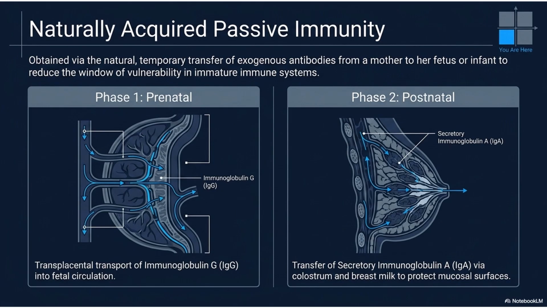Rather than circulating mainly in the blood, this antibody coats the surfaces and helps block infection locally. So nature covers the newborn on two fronts: IgG in the bloodstream from the placenta, and secretory IgA on the mucosal surfaces from milk. So over the next two slides, we'll open up each of these mechanisms and see exactly how the molecules move.